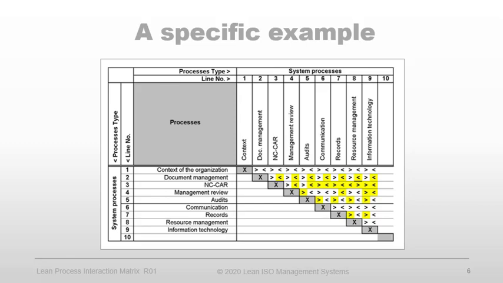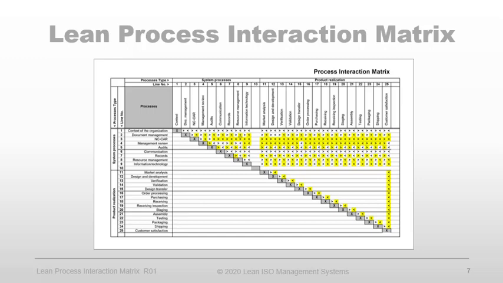The document management also provides input into the corrective action process, specifying how the process has to be documented. At the same time, the corrective action may provide input into the documentation management when a nonconformity identifies deficiencies in documentation, and so on. So here it is, our new and updated lean process interaction matrix.